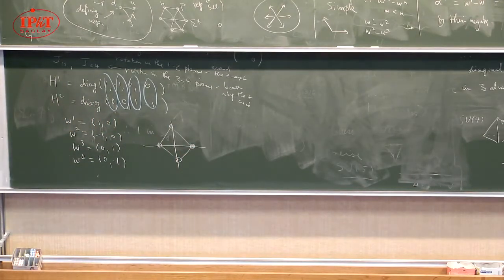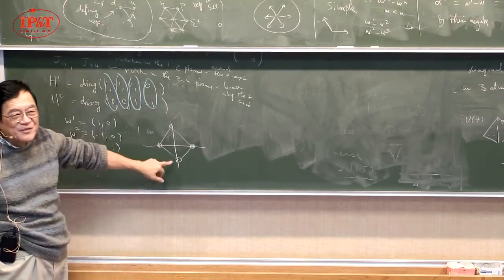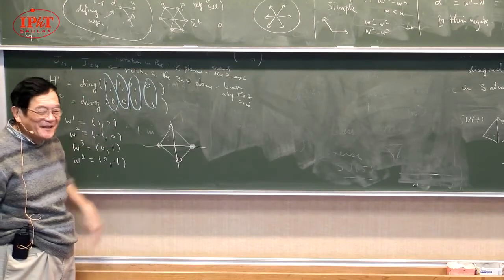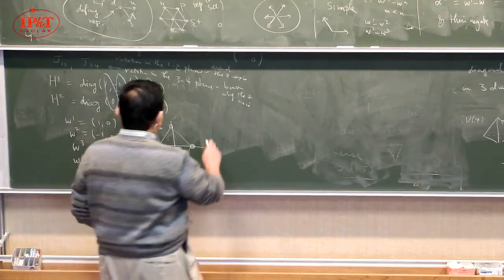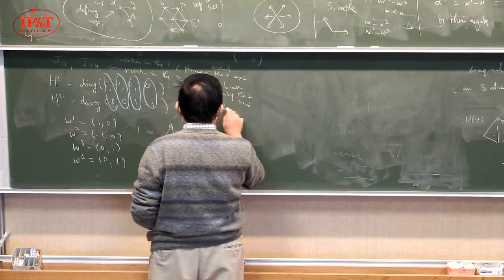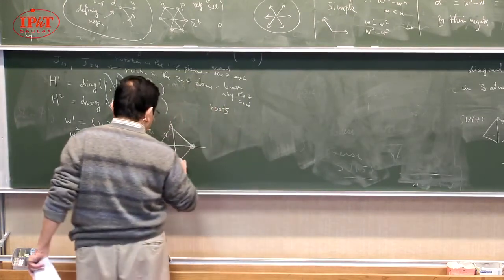So we feel good, because after the equilateral triangle, we meet our old friend, the square. When we're children, we learn the triangle, and then we learn about the square. So the square appears. And now we find the roots. The roots are just the things that connect these guys, right?